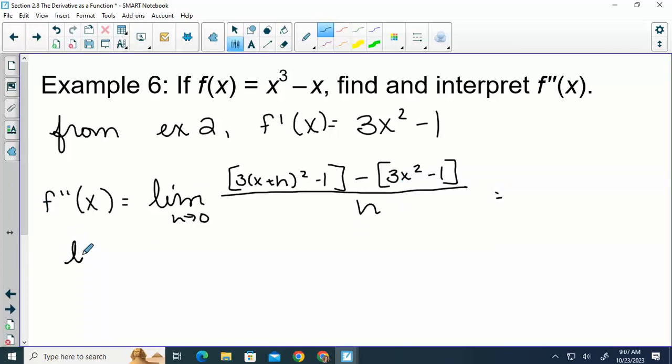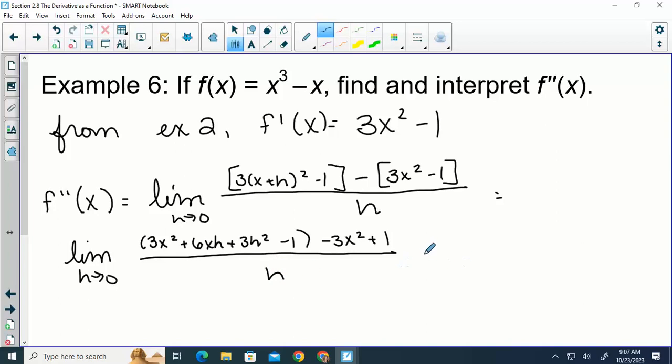So if we multiply this out, can I FOIL and distribute my 3 at once? So we would get 3x squared plus 6xh plus 3h squared and then minus 1. Distribute that negative, so minus 3x squared plus 1, over h. So the 3x squared and the 1's drop out.